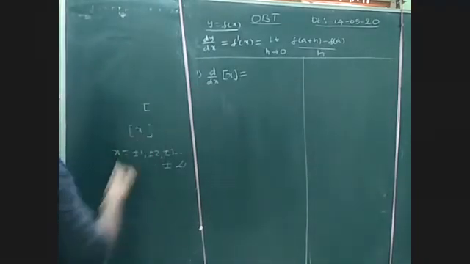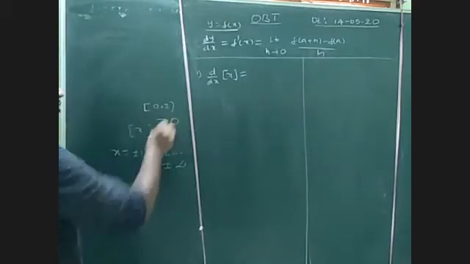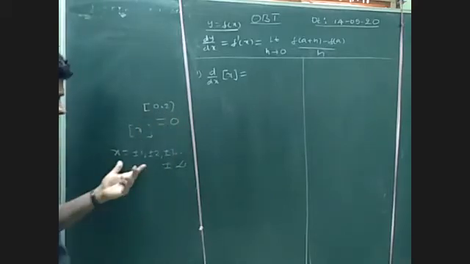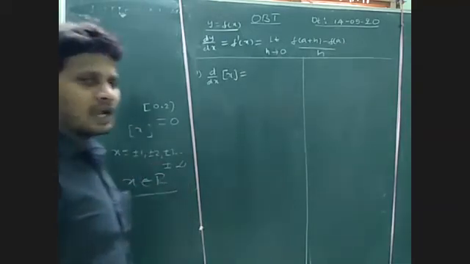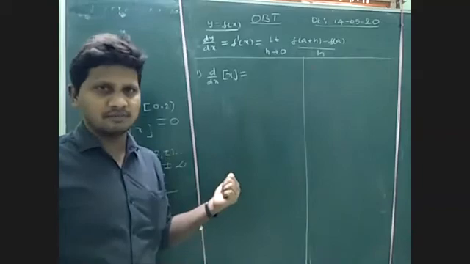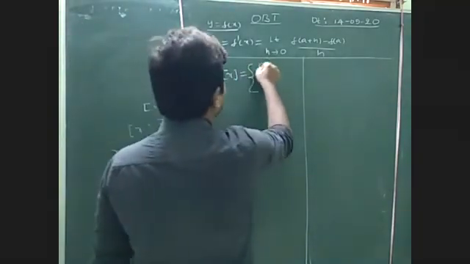Any other except integers? Yes, except integers, for the remaining values like 0.2, the derivative will be 0. So for all except integers, for each and every real number, it will be continuous and it will be differentiable. So we can write like this: for x not an integer, the derivative of [x] is 0.